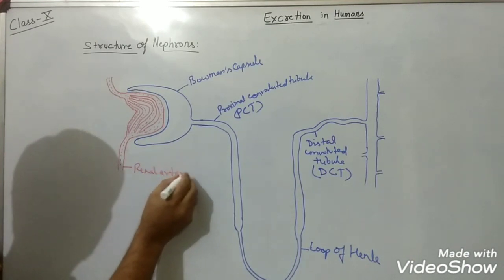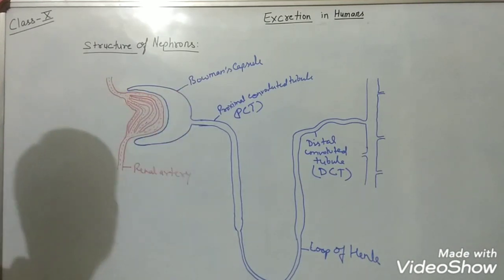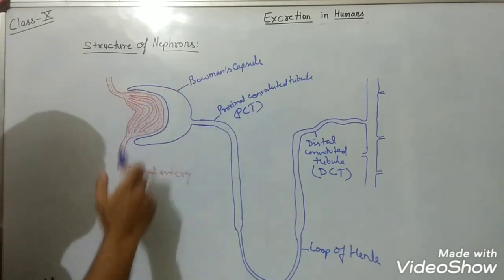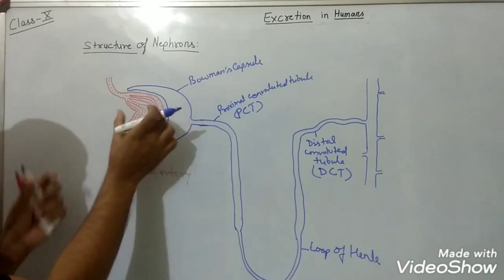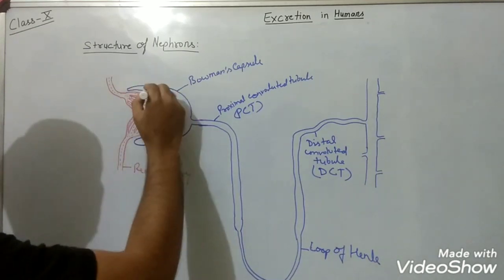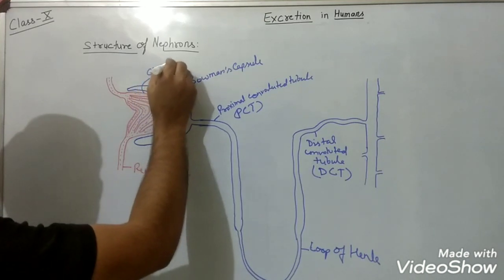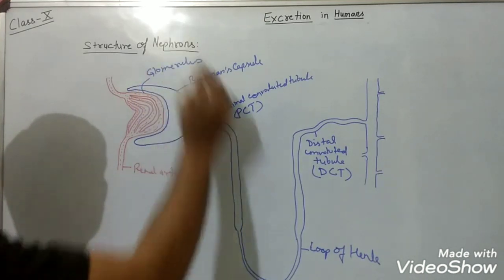During the passage of blood through this Bowman's capsule, this highly coiled structure of blood vessel is known as the glomerulus.